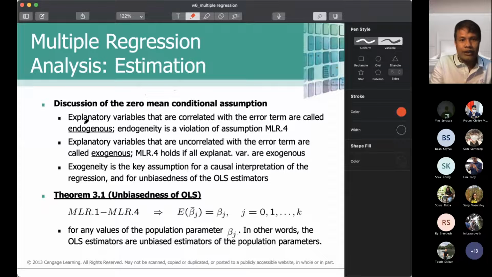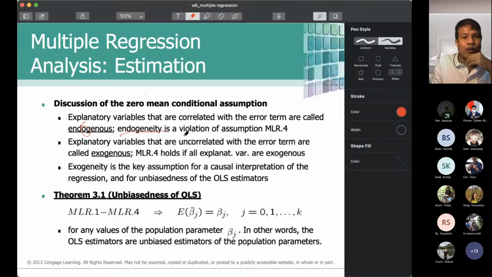Explanatory variables that are correlated with the error term are called endogenous. If your variable of interest is correlated with the error term, we call it an endogenous variable. And that issue of an endogenous variable, we call endogeneity.